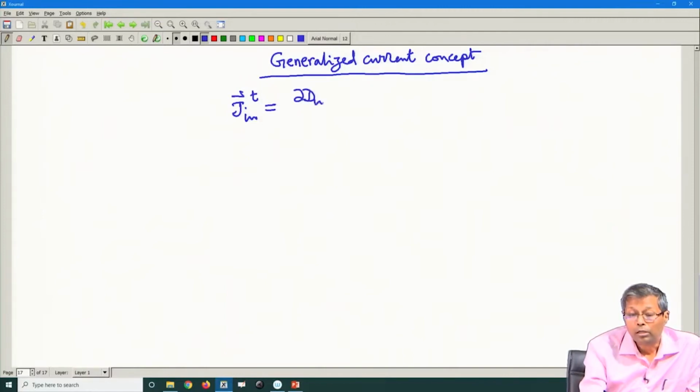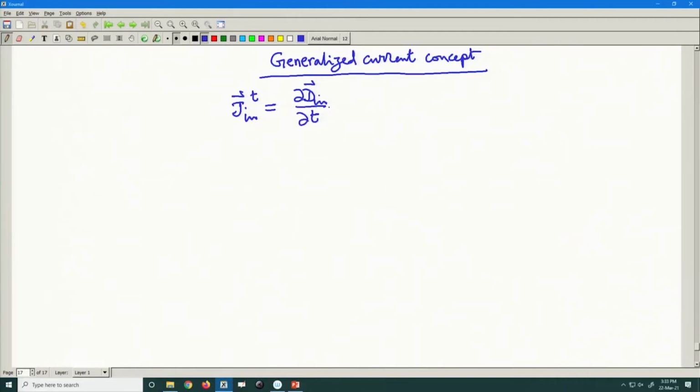J in total is del D del T plus J in C plus J in I. So, this is the total electric current.